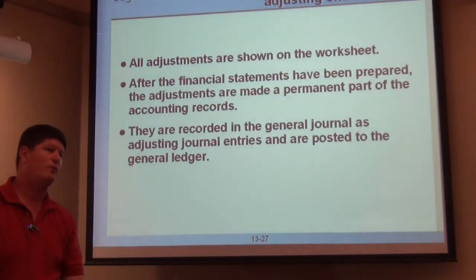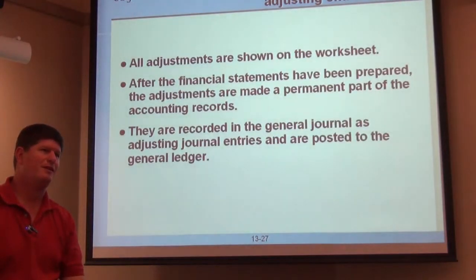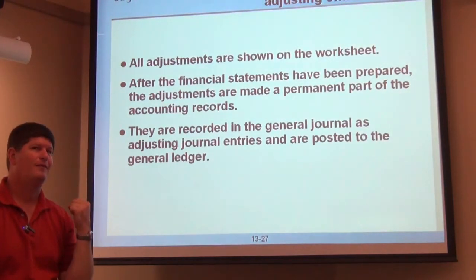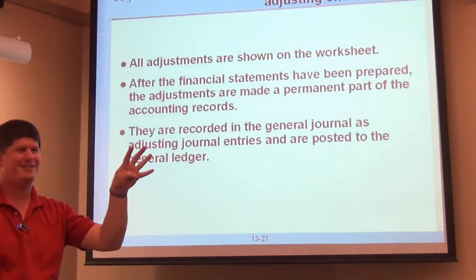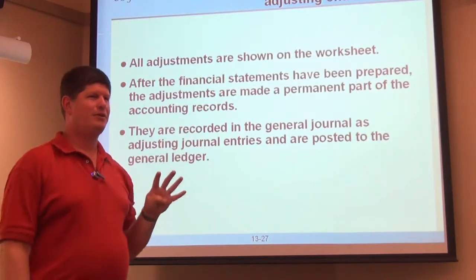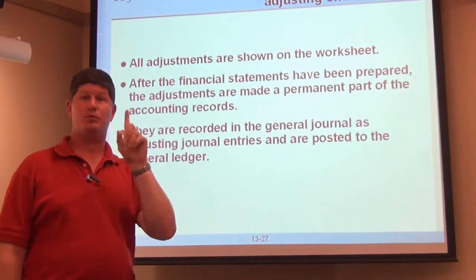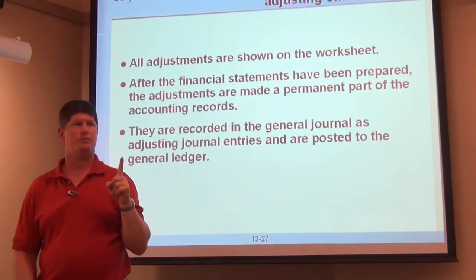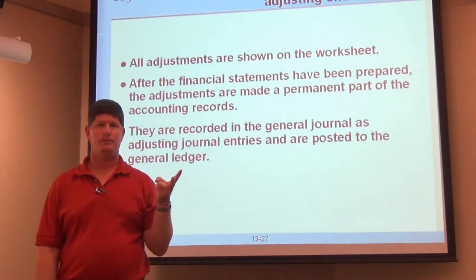And everyone remembers the closing entry from chapter 6, yes? How many steps in closing? There are 4 steps. Step 1, you close the revenue accounts, so you zero out the revenue accounts and post them to income summary.